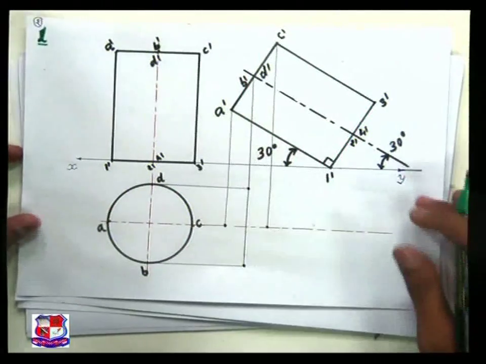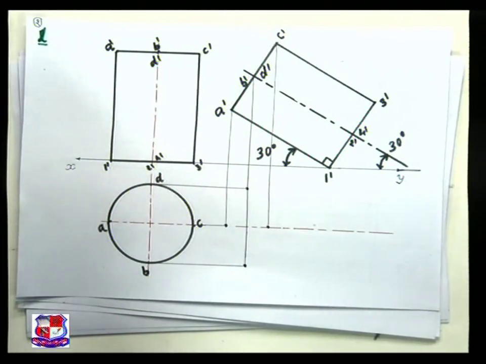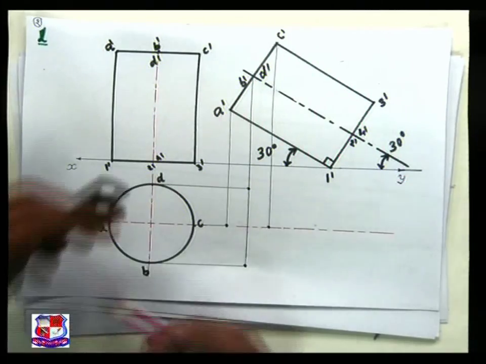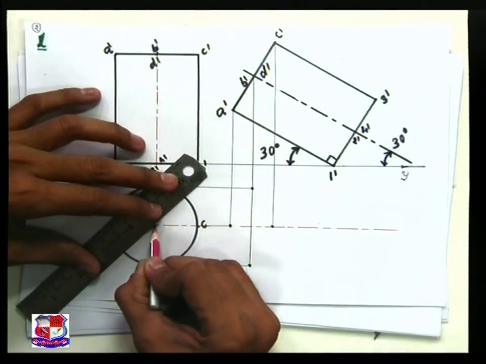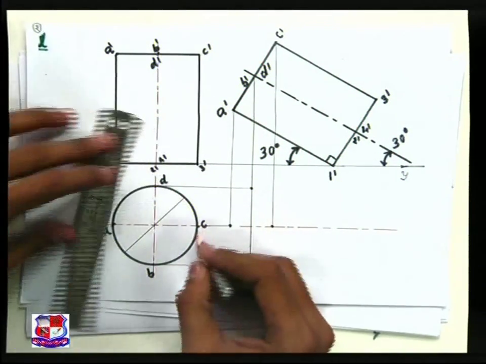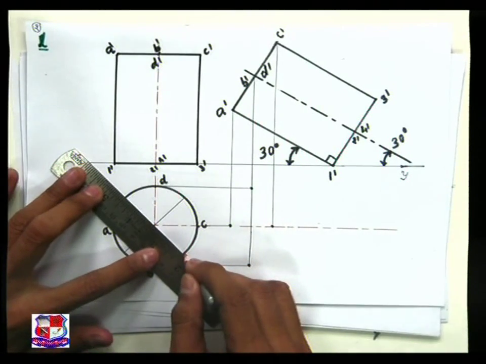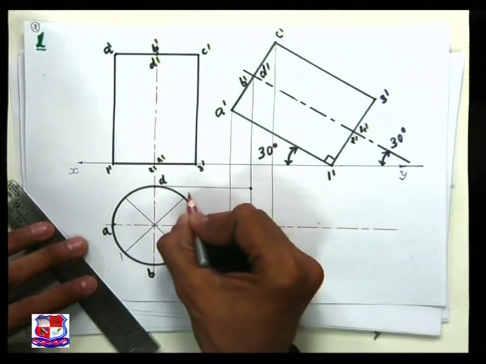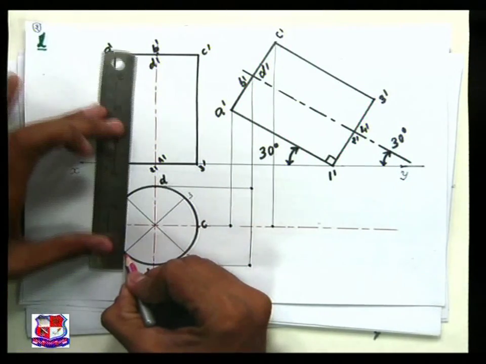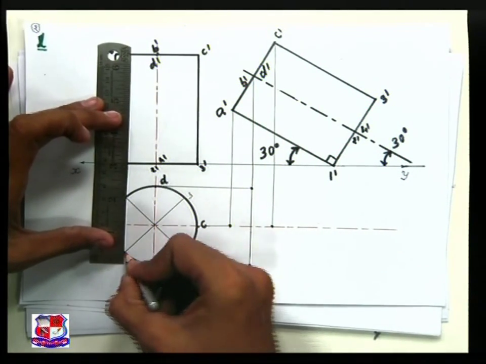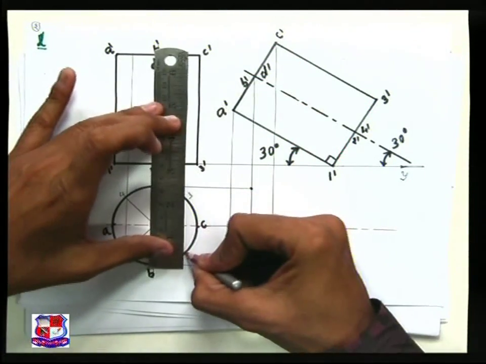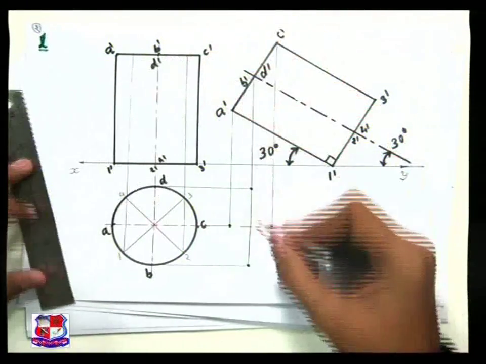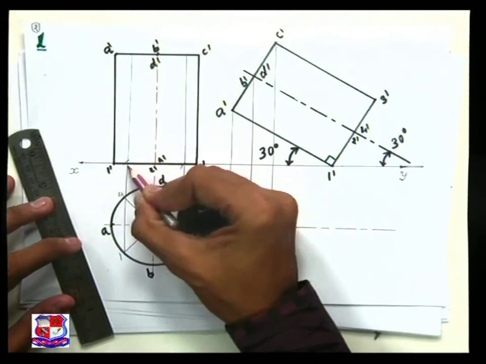Now what about the intermediate points? To locate the intermediate points, we can locate one more set of generators. Divide the circle into 8 equal parts. So this is 1, 2, 3 and 4. Transfer them to its front view like this by drawing light vertical lines. Here would be 1 dash and 2 dash.